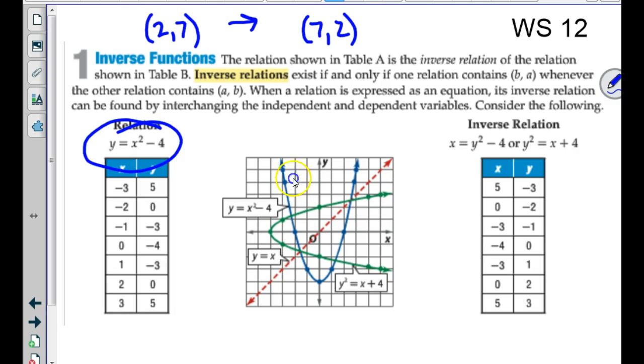So every function, this one was a function, its inverse is no longer a function if the original function fails the horizontal line test. Okay. So the original function here, the blue one, passes the vertical line test, but if I draw a horizontal line, it crosses more than once. That means it's not one-to-one. So it means when I do an inverse, it's not going to be a function.